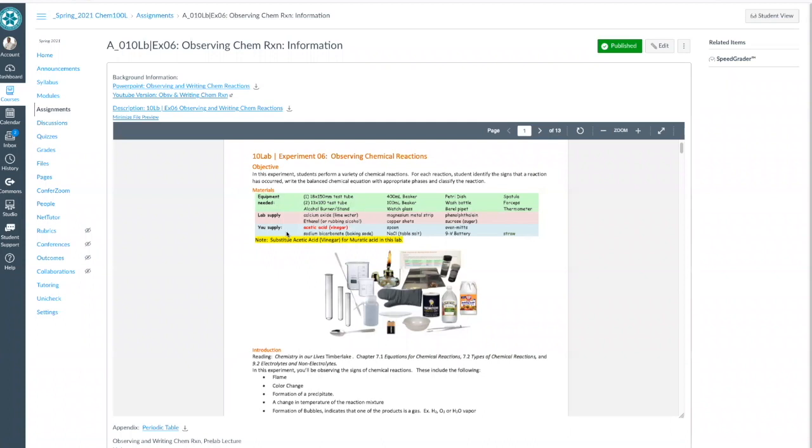We're not using muriatic acid. I put in bold words here, substitute acetic acid, which is nothing more than vinegar, for muriatic acid, because muriatic acid's a little bit more harsh. Vinegar is pretty mild. You put it in your food, and it's an acid.